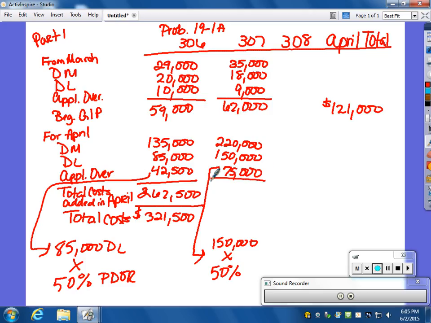The total for these three is 445,000. Total for here and here.